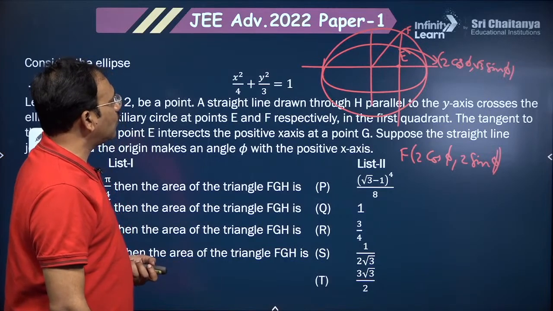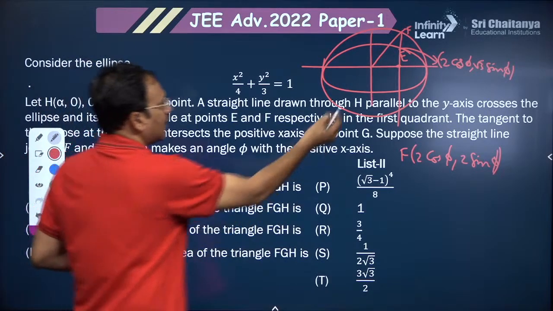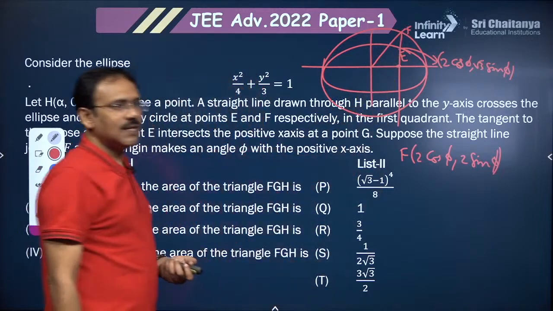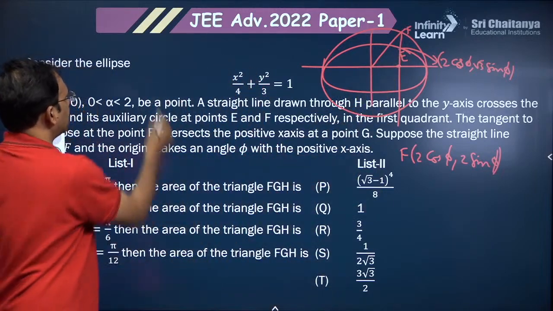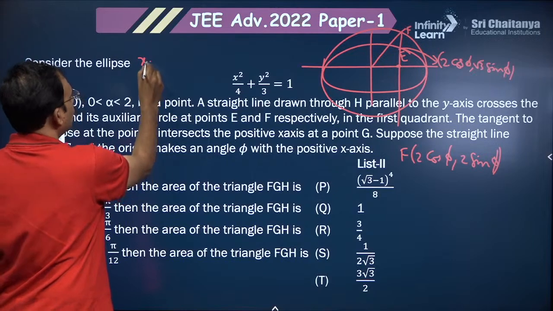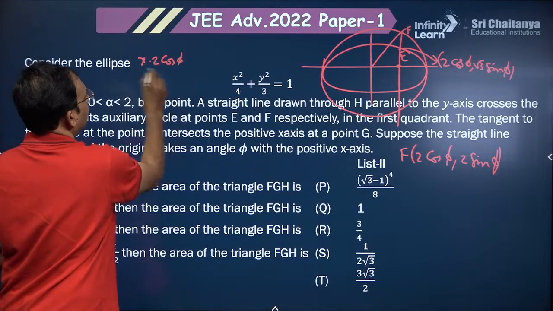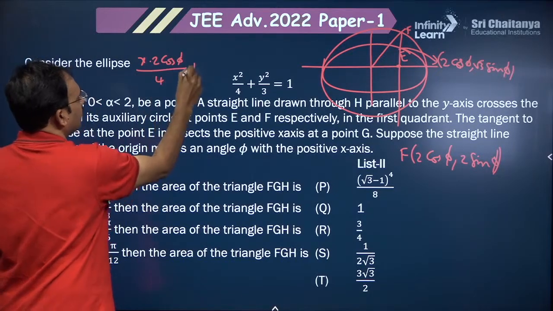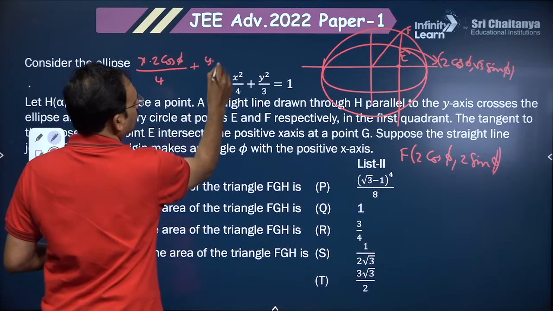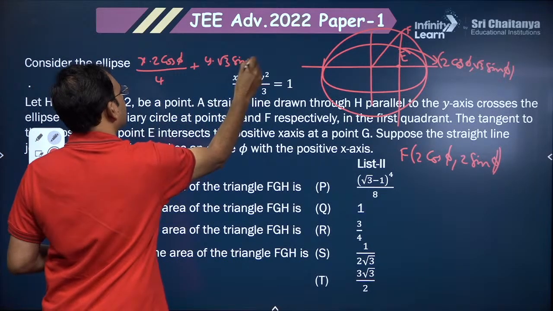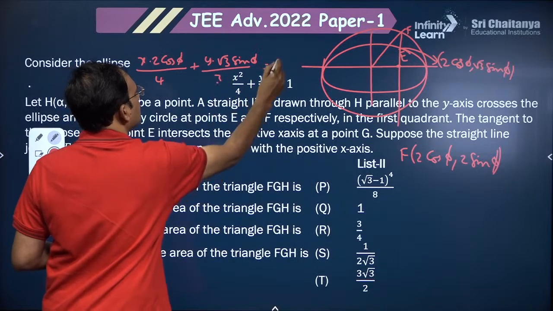Now, you need to find the tangent at E to the ellipse. Tangent at E means x into 2 cos phi by 4 plus y into root 3 sin phi by 3 is equal to 1.